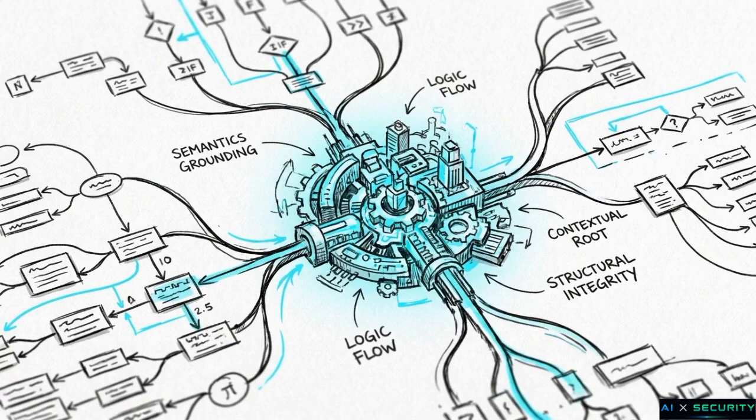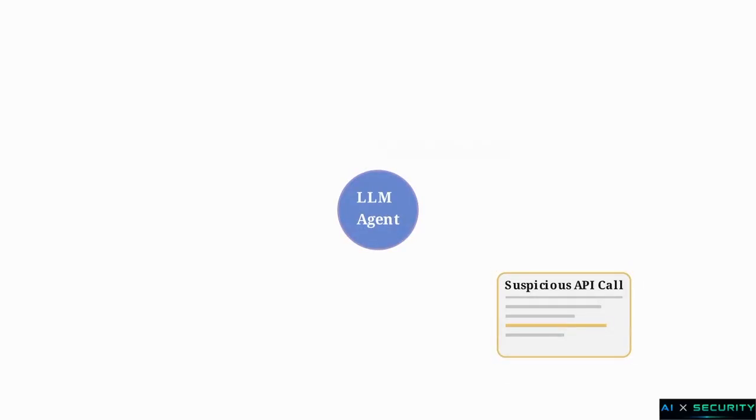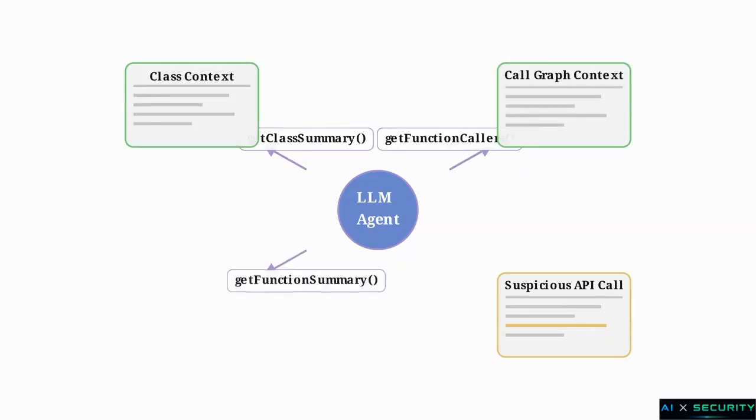called tri-grounded agentic reasoning. The first constraint layer of this methodology is semantics grounding. Feeding an entire decompiled application into a massive context window dilutes the focus, burying the execution reality under thousands of irrelevant code. Malaika restricts the agent's view, exposing only specific static analysis tools, such as targeted function summaries and call graph traversals.